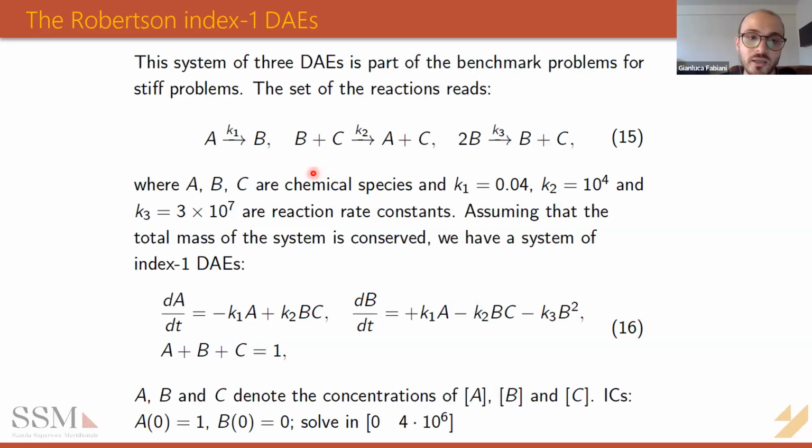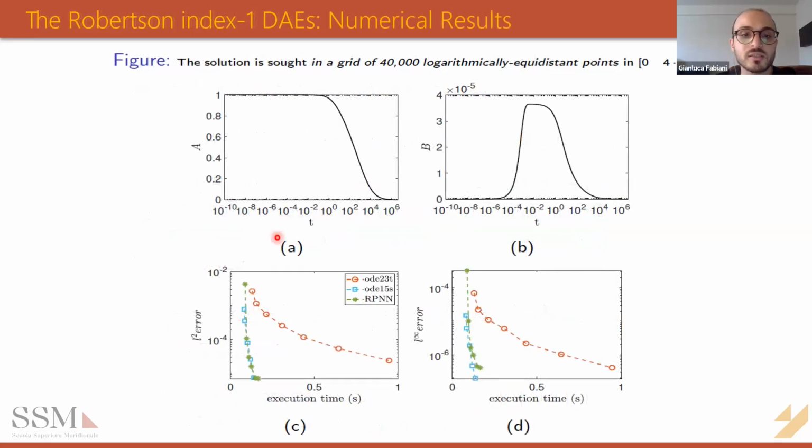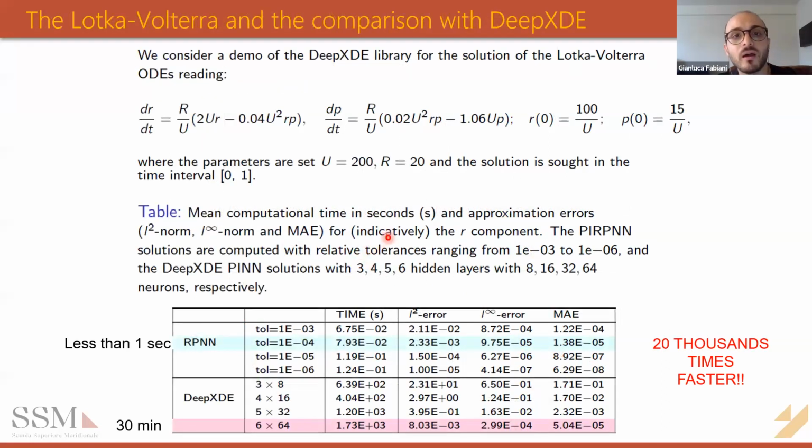We consider the DAE version, so when we have also an algebraic equation, a conservation law. For this, the random projection neural network got similar results in terms of time of execution and L2 error, and outperformed ode23t.